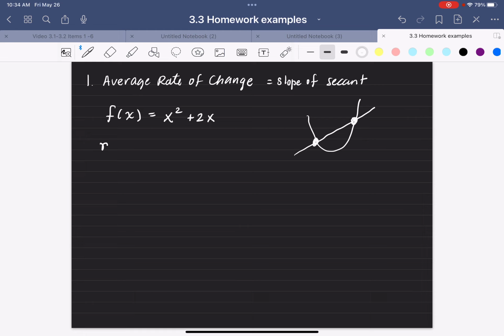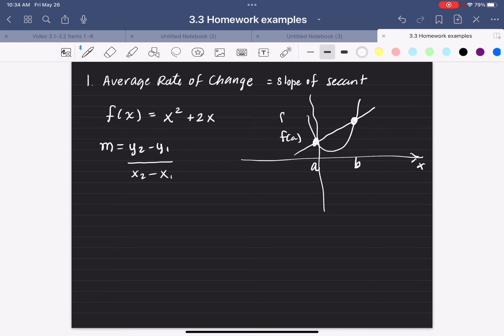You know the slope formula, which is y2 minus y1 over x2 minus x1. But of course, in function notation, we call this a and b. Those are our x's. And these would be f of a and f of b.